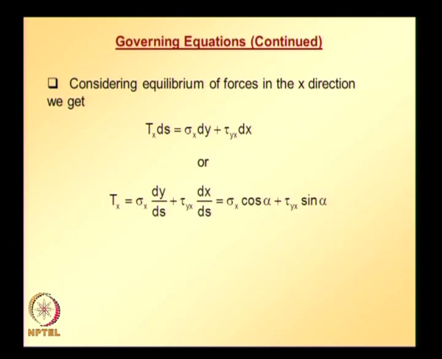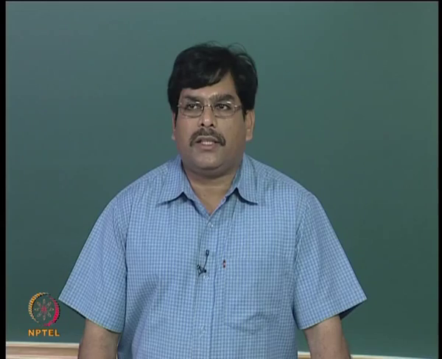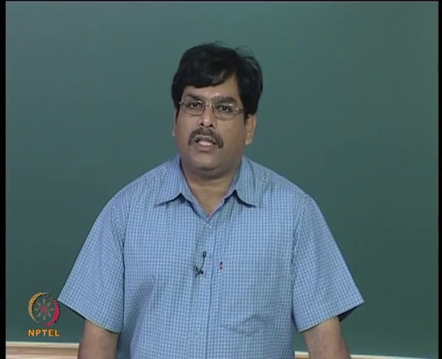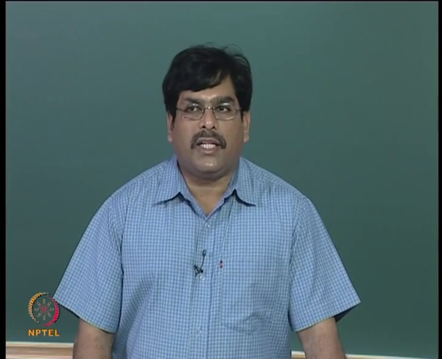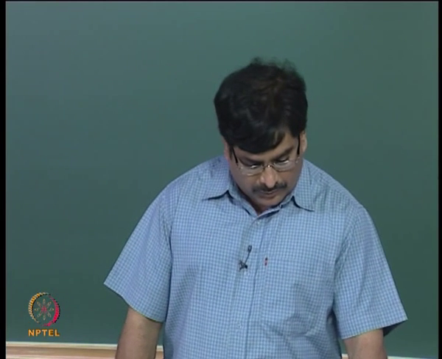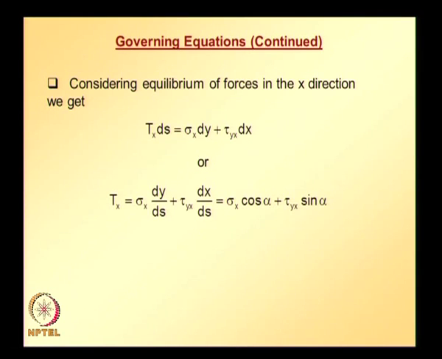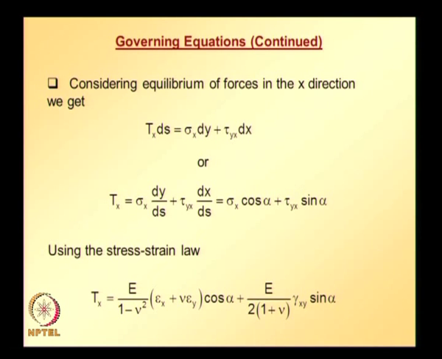So, this gives us the relationship between the traction component in the x direction and the internal stress components sigma x, tau xy or tau yx. And now, using the stress-strain law, we can express this in terms of strains, and using the strain-displacement relation, we can express this in terms of displacements.